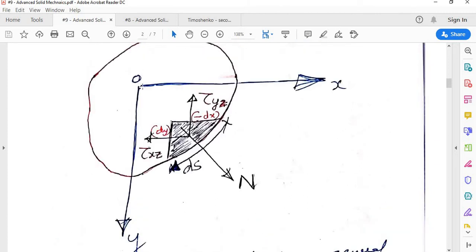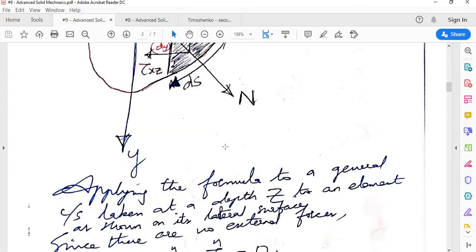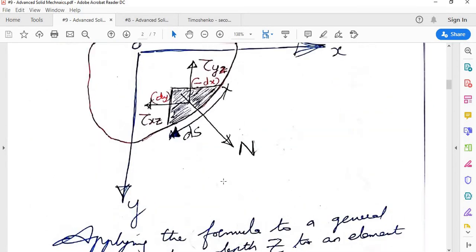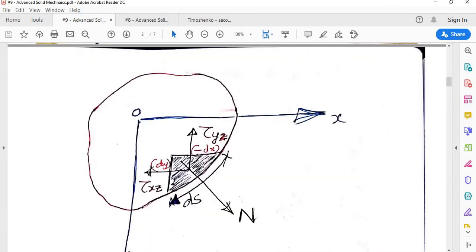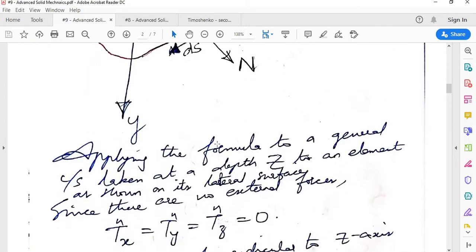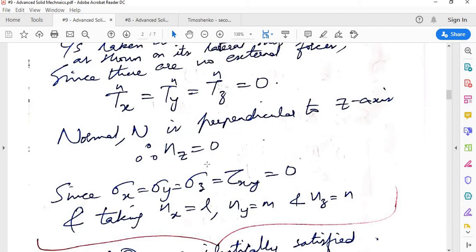Your z-axis is perpendicular to the plane of paper, which means the angle made by the z-axis and the outward drawn normal from the surface is 90 degrees. So nz, which is nothing but the direction cosine along the z-axis, is 0 because it is cos 90, it is 0. So nz is 0.